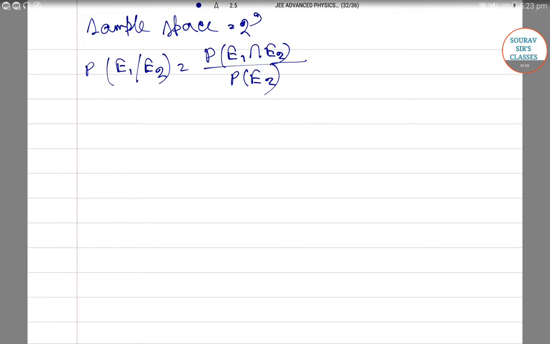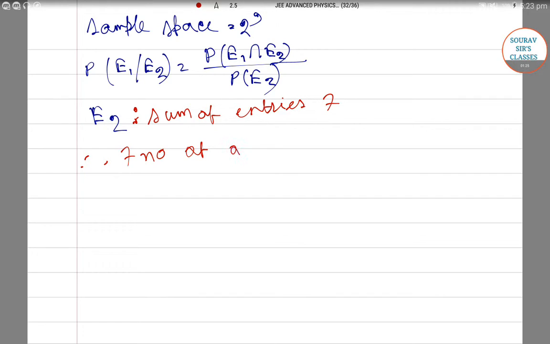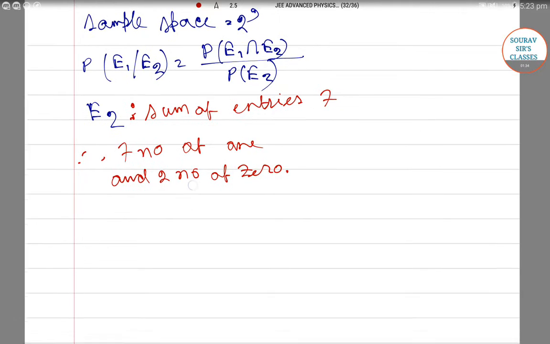So here, in E2, we have the sum of entries equal to 7. So there are 7 ones and 2 zeros here.